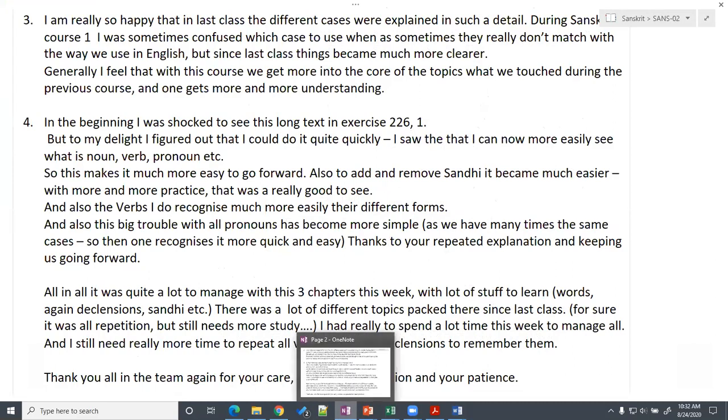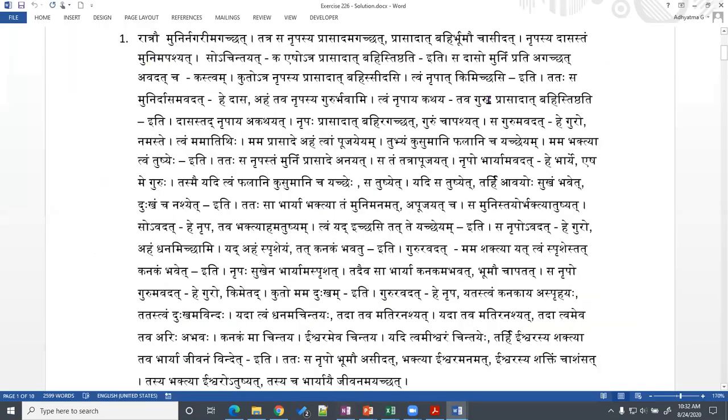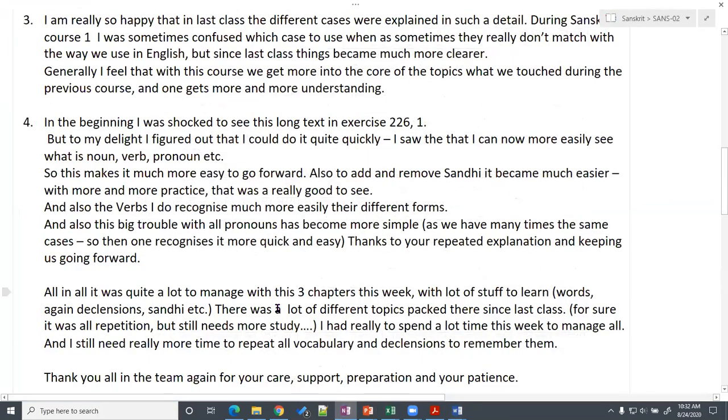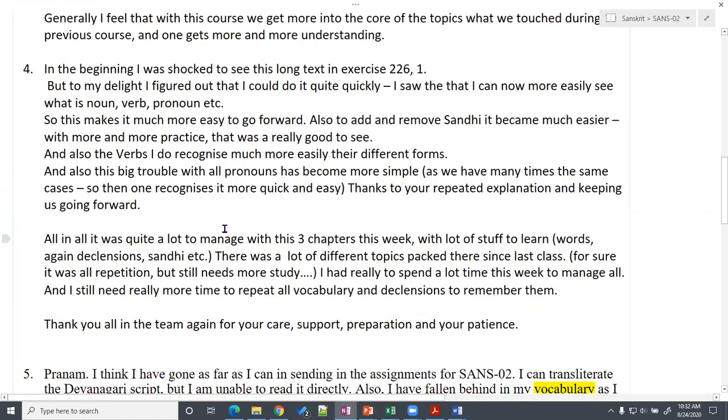So from that perspective, the progress is simply amazing. To be able to understand and translate this kind of passage in Sanskrit is very good progress, and I'm very happy about it. Of course, it requires effort, but with the effort, the result is that you are able to understand so much more.